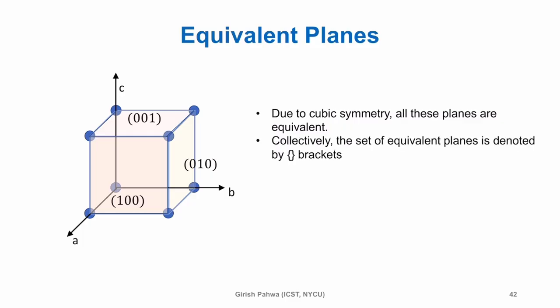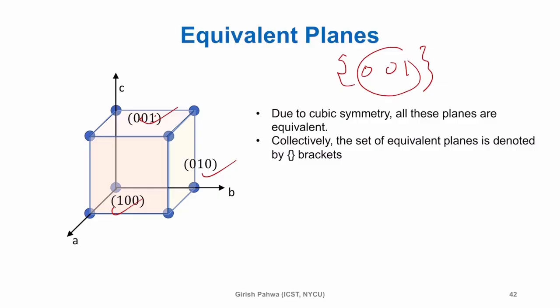So these equivalent planes are denoted by these curly brackets. If I have a set of equivalent planes, I may choose any of them, say 0, 0, 1, 1, 0, 0 or 0, 1, 0. And if I put a curly bracket, say if I write this 0, 0, 1 with a curly bracket, then not only does it represent the 0, 0, 1 family of planes, it represents all families of planes which are equivalent to 0, 0, 1.